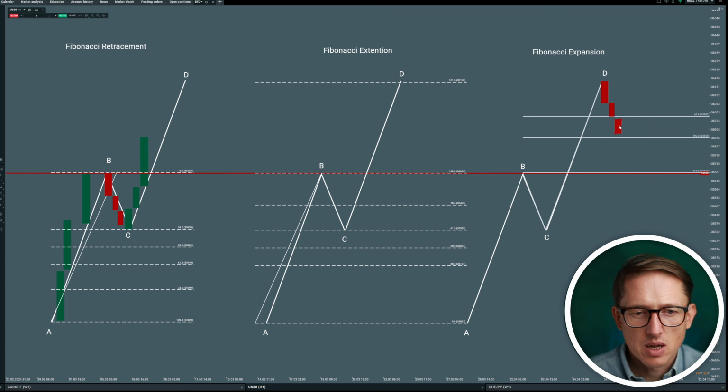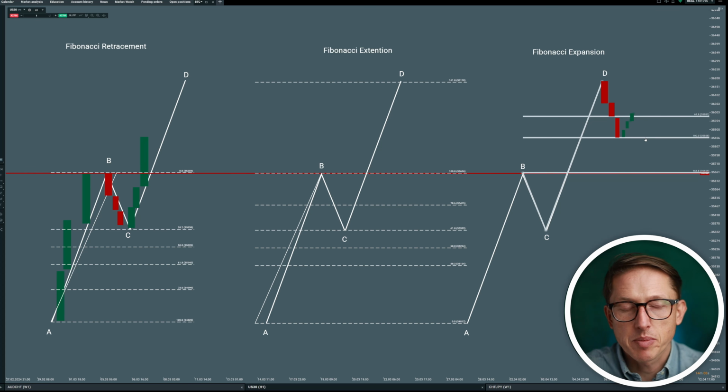So let's say it came to 100%, and then we again get our bullish engulfing, or whatever candle formation you want over there. There might be a couple of small candles, and you can see that something is happening.